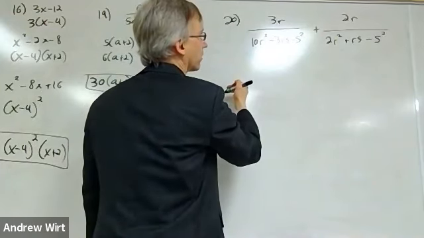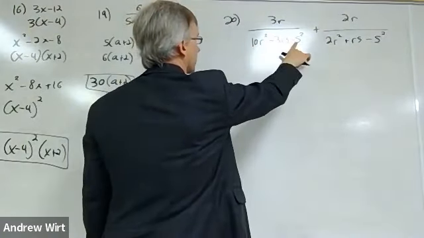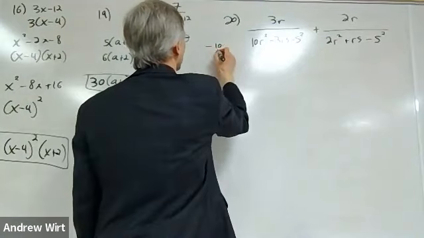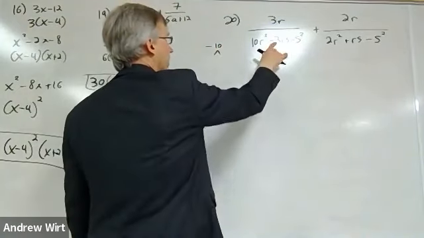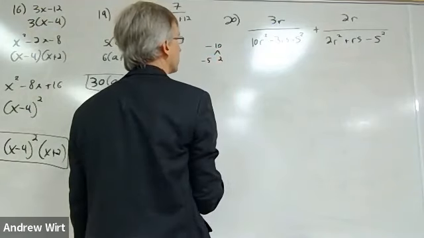And we have, in this case, go ahead and use the AC method. 10 times negative 1 is negative 10. And we need two numbers that multiply to get negative 10 and add to get negative 3. So that's going to be negative 5 and 2.